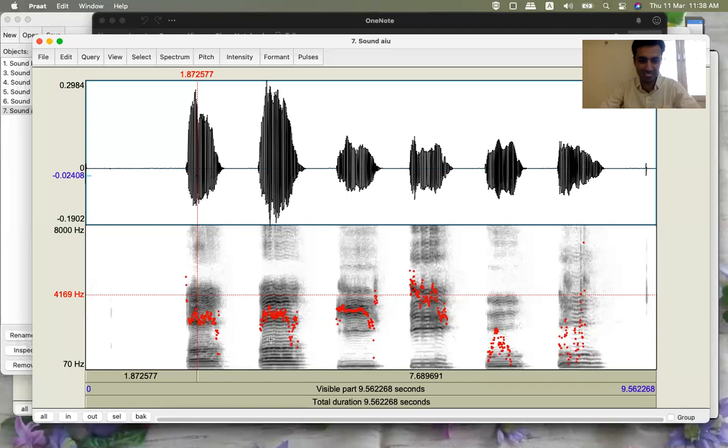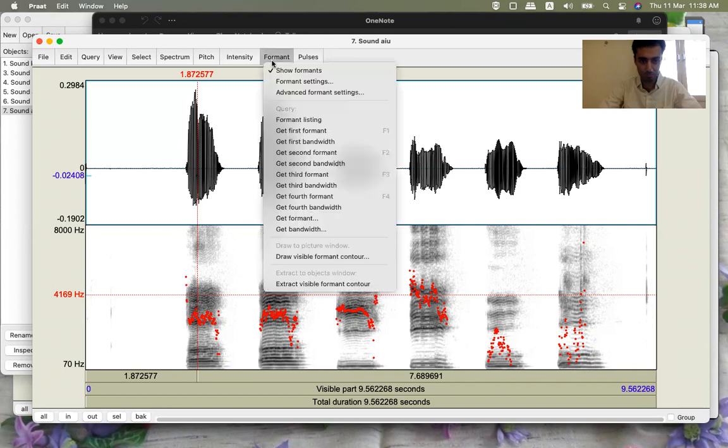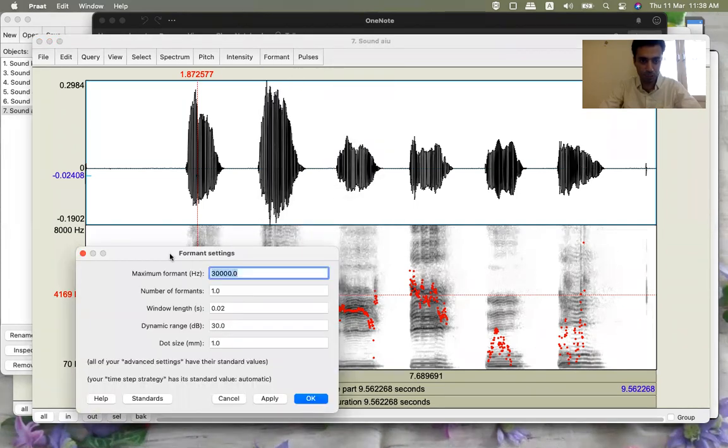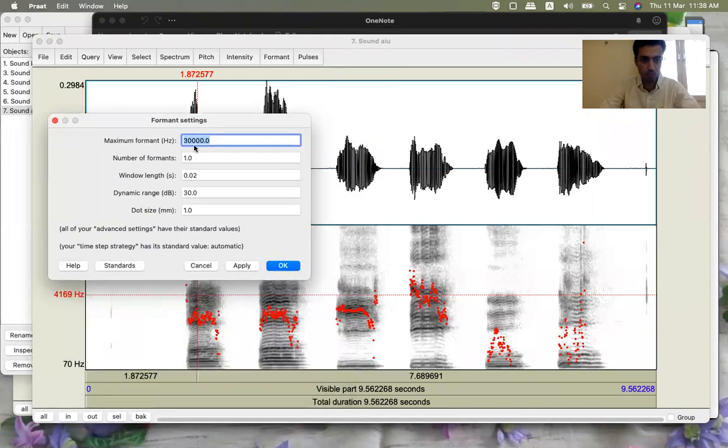I didn't do a very good job. Maybe some settings have to be changed. Oh, the number of formants is one, I made a mistake. Let's say we take 5 formants up to 3000 hertz. Window length is 0.025.